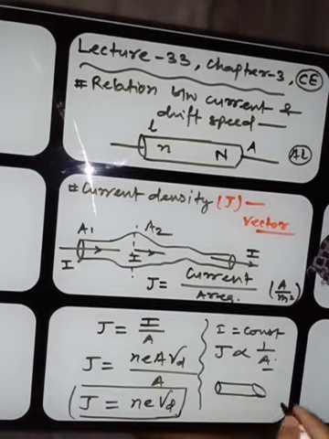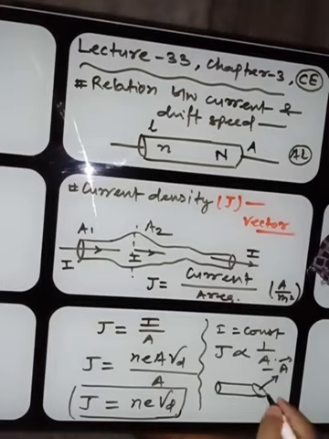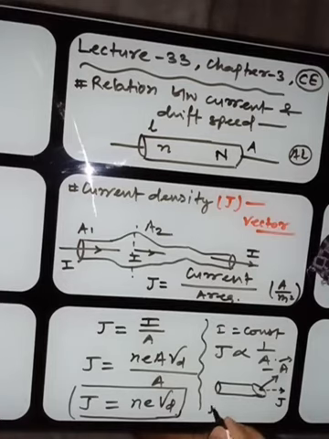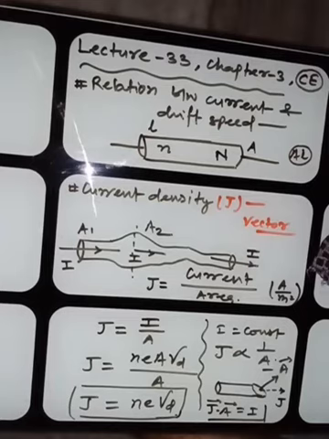If this is the conductor and this is the surface area vector A that we studied in Gauss law, and this is the current density, then J dot A will give you the current I. Remember, this is the vector form, which is not very tough. It is very simple to understand, my dear student.